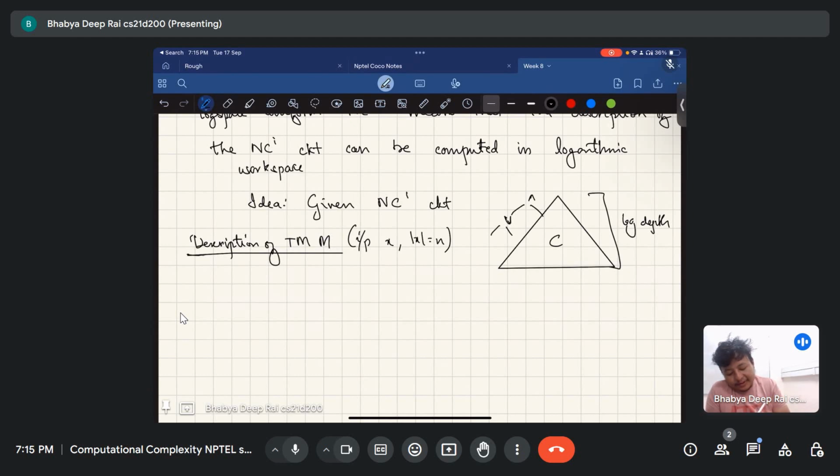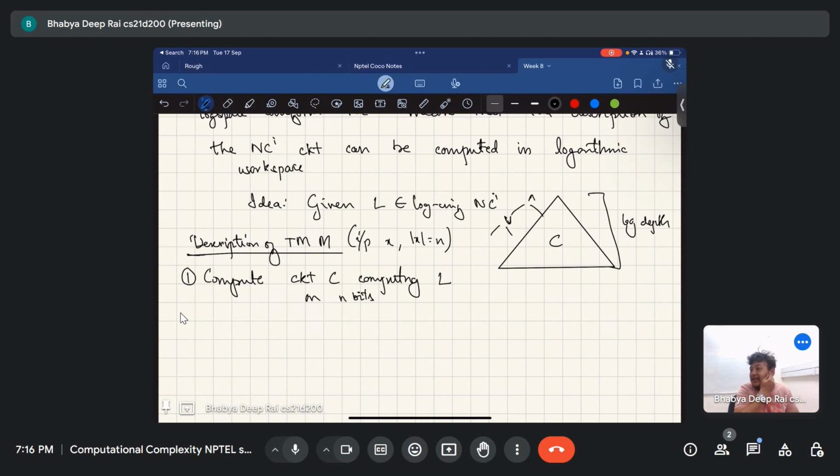First of all, what you do is compute circuit C computing L, given an L in NC, log space uniform. So this means I can compute circuit C computing L on n bits.